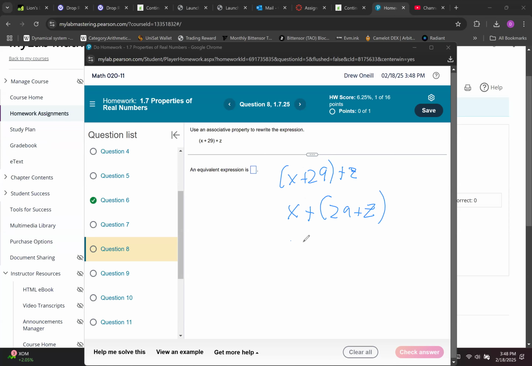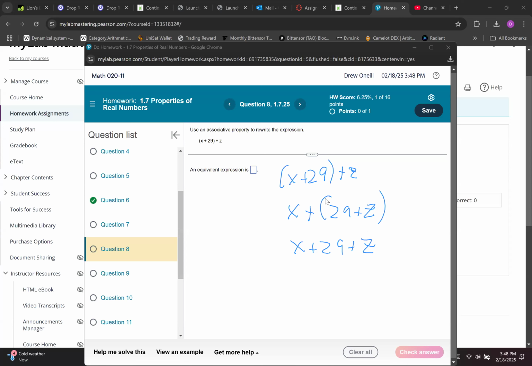Another way of thinking of the associative property, and I don't think any other person would teach it this way, is that we can insert parentheses and get rid of them. I think that's more important because it can allow us to work on things.